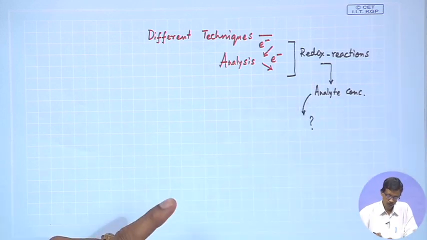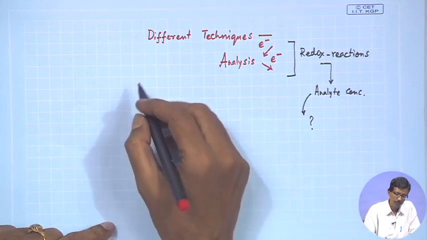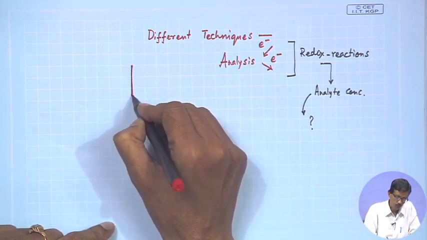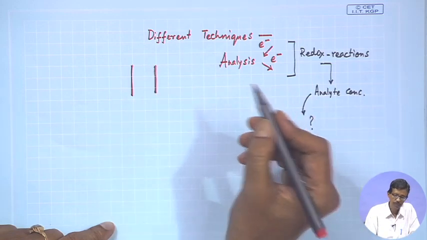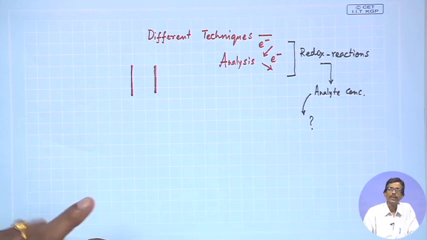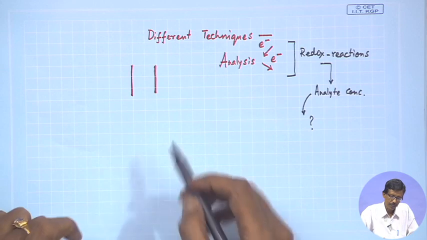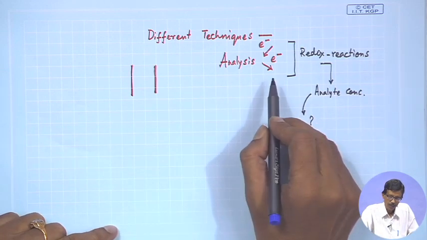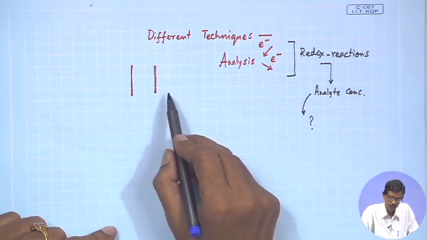So, since we are talking about these electrode reactions, and what we have seen in other cases like the potentiometric analysis, that we have two electrodes, and these two electrodes we have seen earlier are your cathodes and anodes, and these electrons can be utilized in terms of the corresponding electron acceptance or electron donation.